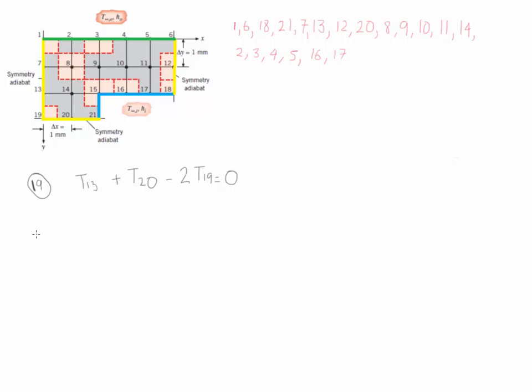The last node that we have is number 15, which is an internal corner which is exposed to convection. The surrounding nodes are 21, 16, 14, and 9.